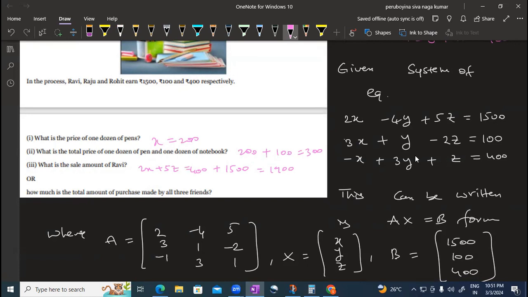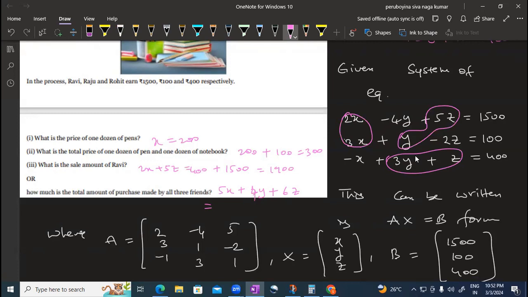Or how much amount of purchases was made by the 3 friends. So the 3 friends' purchase amount: these are the purchase values. How many x's totally? Totally 5x, plus y's, 7y or 4y, right? And 6z.